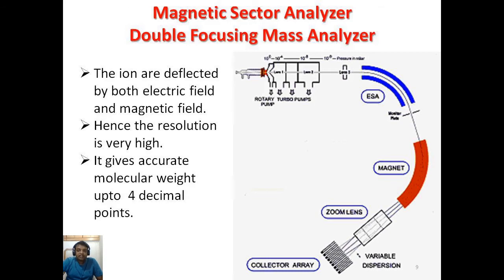The blue ESI is the electrostatic analyzer, where the electric field is provided, and the orange is the magnetic analyzer, which again provides the magnetic field. That's why both analyzers are attached in a single mass spectrometer, which provides a very high resolution and molecular weight accuracy up to 4 decimal points.